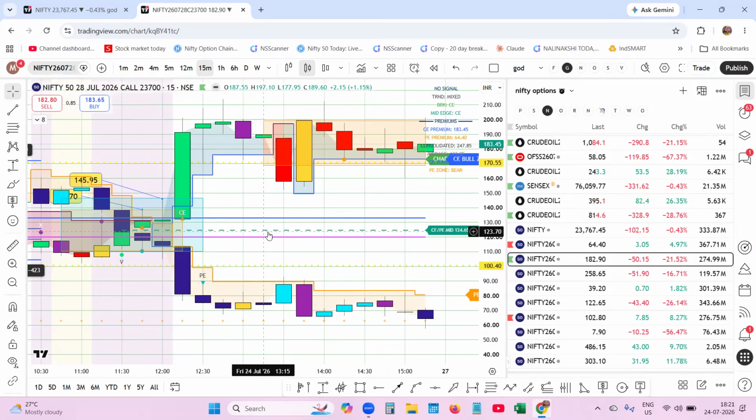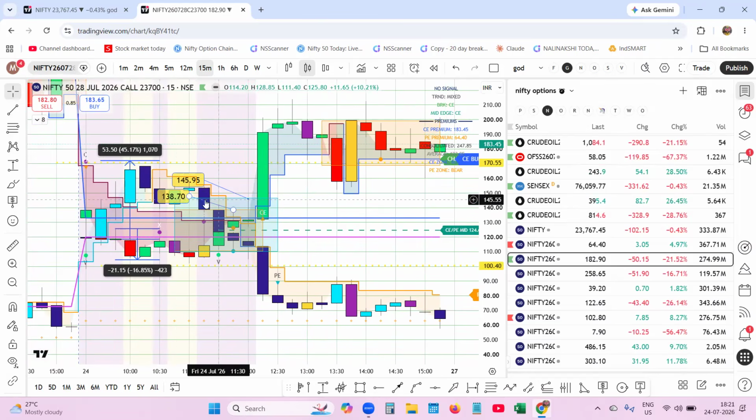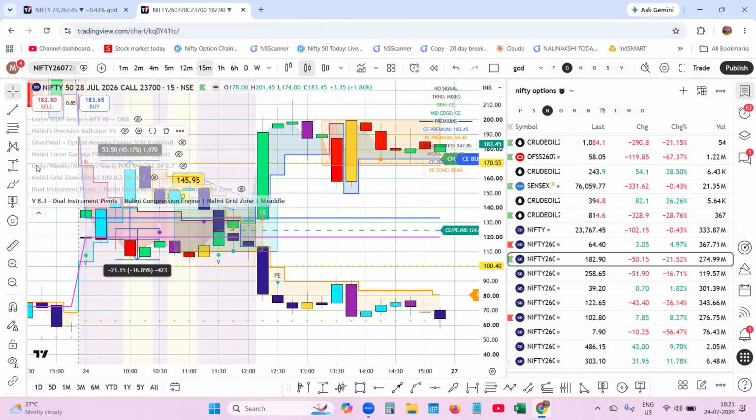I'm watching both the pairs to understand the behavior of the premiums. Then I get the direction of the trade. Okay, hack number 7 is the consolidation boxes. These are the consolidation boxes, because the background is coming in between.